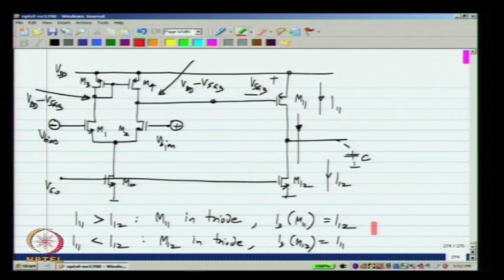Now, let us connect this in feedback and then see what happens. Let us say we connect this in unity feedback. Here we are talking about a case where there is no mismatch between transistors.